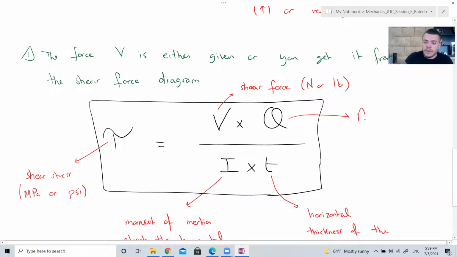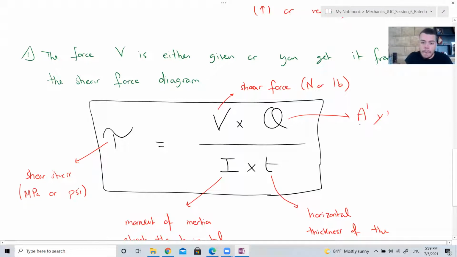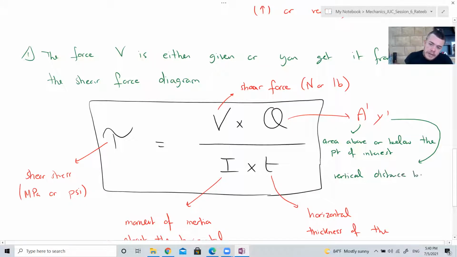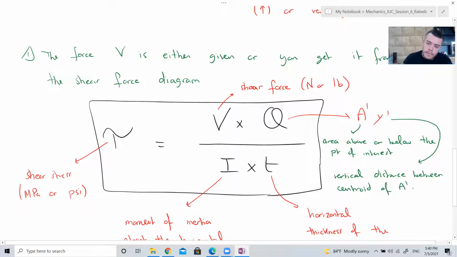And Q is equal to A prime times Y prime, where A prime is the area above or below the point of interest, and Y prime is the vertical distance between the centroid of area prime and the neutral axis.